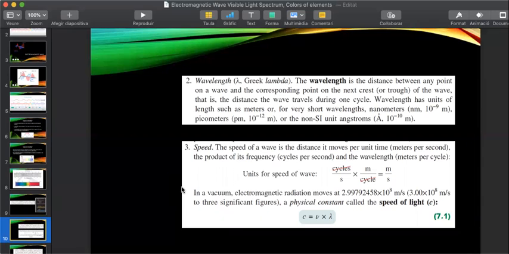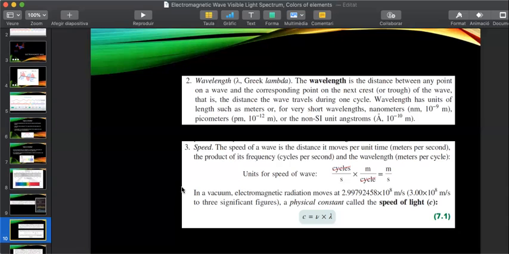Number 3 is going to be the speed. The speed of a wave is the distance it moves per unit time, meters per second, okay? The product of its frequency, the cycles per second, and the wavelength, meters per second. So the unit for the speed of a wave is going to be meters per second.